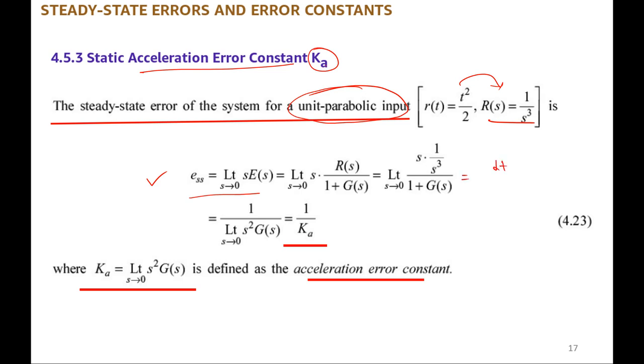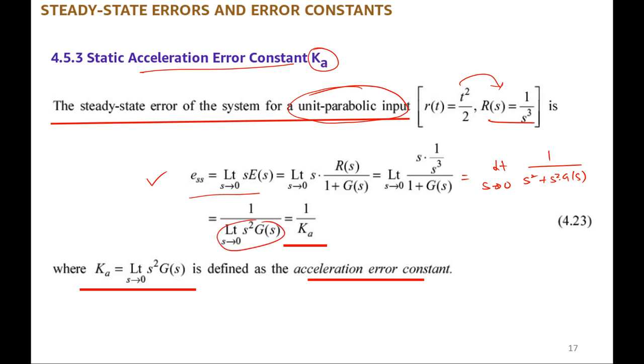So what I will be getting: limit s tending towards 0. So s times 1 by s cube gives 1 by s square. I will multiply here 1 by s square into 1, so s square plus s square into g of s. So I will apply the limit here. The first term will vanish after applying the limit. Then we apply the limit for the rest: 1 divided by limit s tending to 0 of s square into g of s.